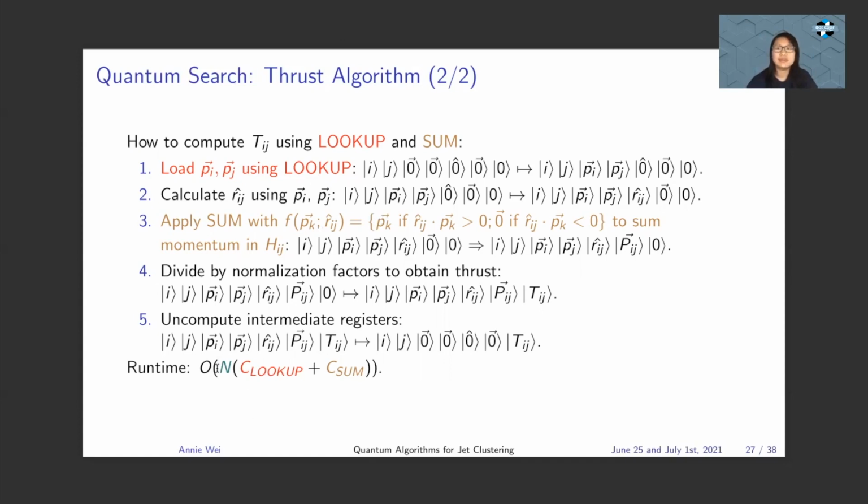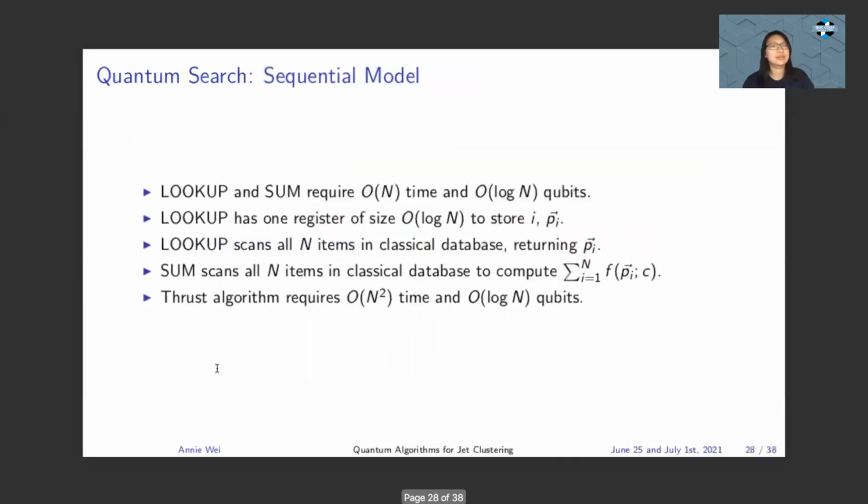And this will be one iteration. Recall our total outer loop was of size n. So it's going to be n times the cost of the lookup operation plus the cost of the sum operation. In the sequential model, which is the first model that I mentioned, lookup and sum require O(n) time and O(log n) qubits.